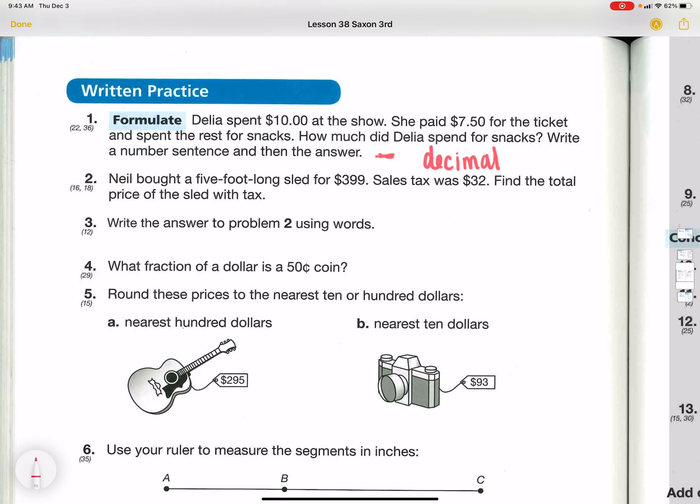Find the total price of the sled with tax. All right, so today what I want you to do is be solving this with me. After number 1, pause, solve number 1. Now pause and solve number 2 after I give you these hints. So you're going to be adding, and you need to remember a dollar sign. Now pause and solve.